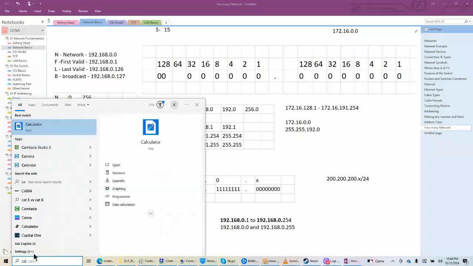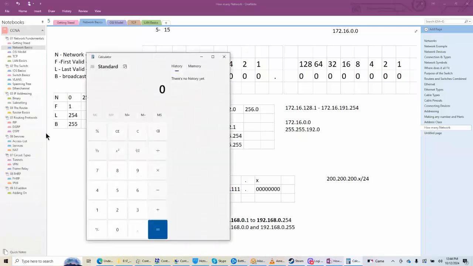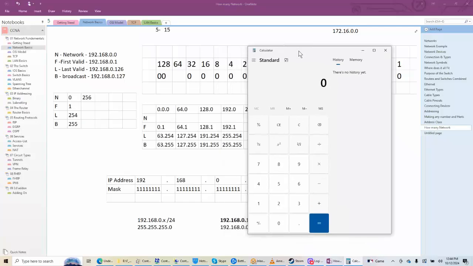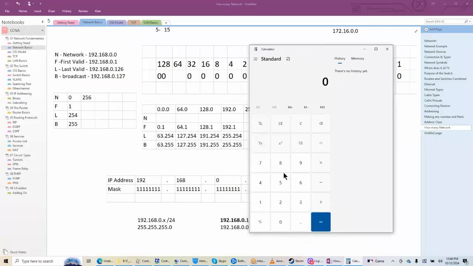Because we're going to take our calculator, that was a 23 mask. We're going to actually do 23 and see if we come up with the same number. We're going to start off with 2. So that's 2, right?